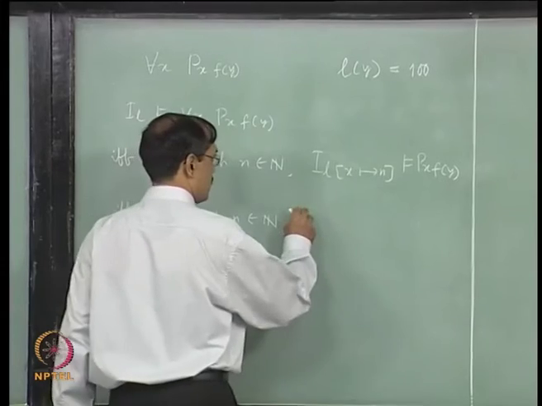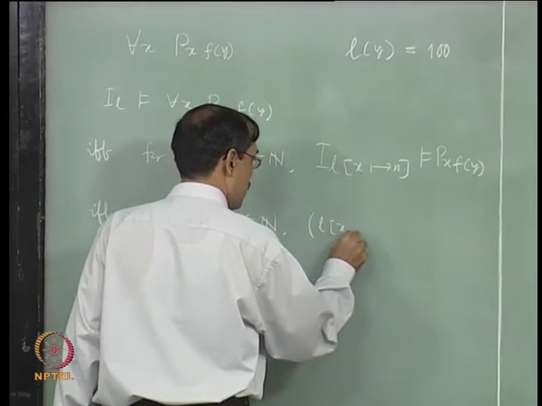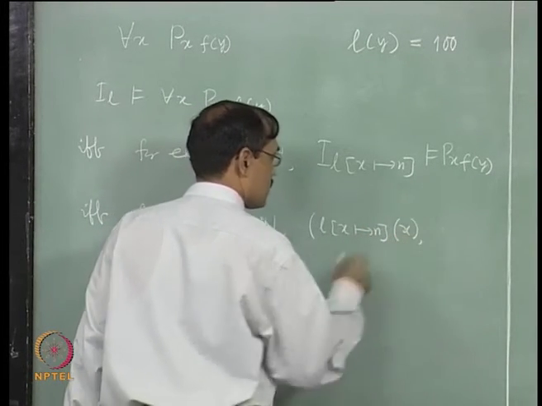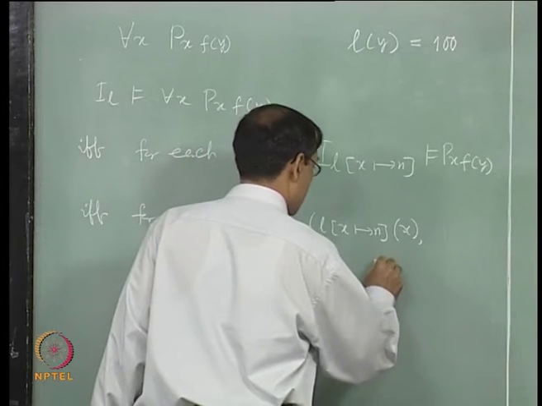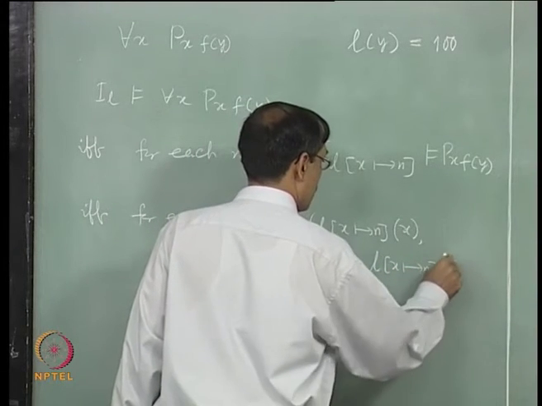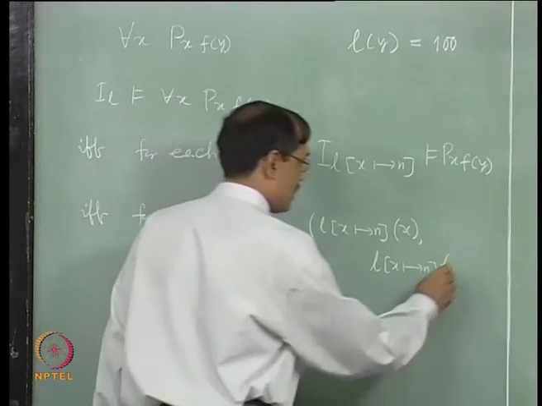So, if you go for that, it will look like if L x fixed to n of x comma L x fixed to n of f of y, right.